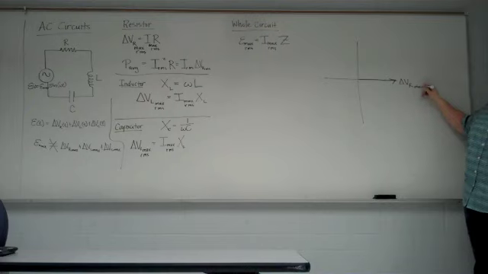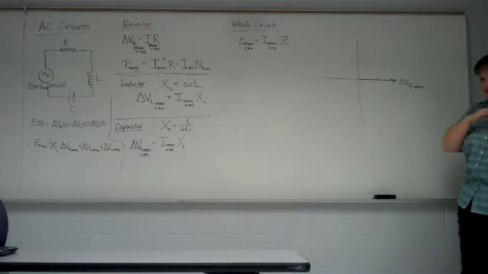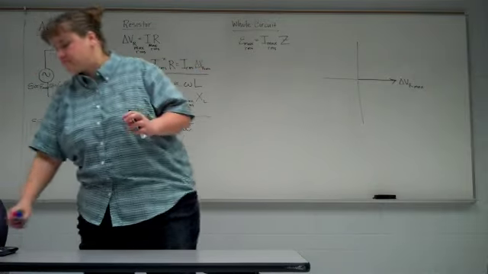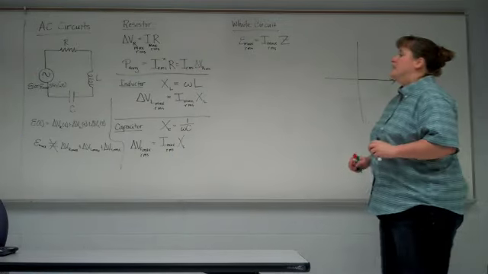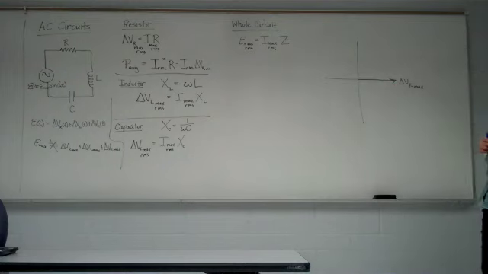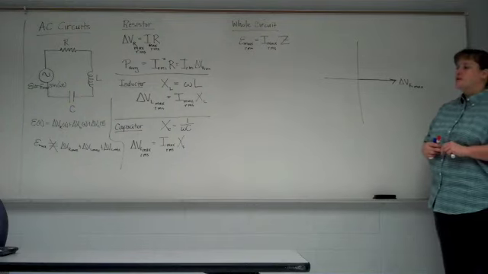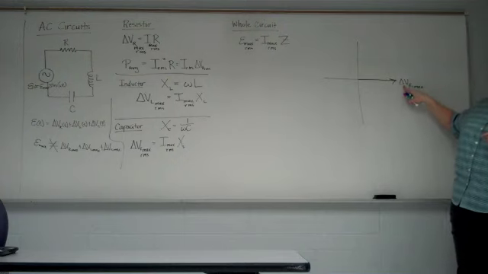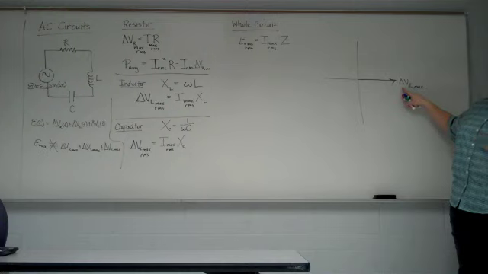So the maximum voltage drop across the resistor will be along the x-axis in this case. This is just one instant in time. With the inductor and the capacitor, to draw them onto this picture, please keep in mind the voltage drop across the resistor is in phase with the current that's flowing through the circuit. The current and the voltage for the resistor are always going to be in phase.